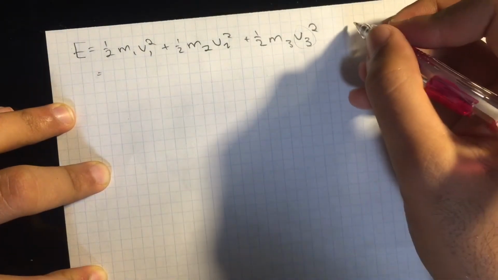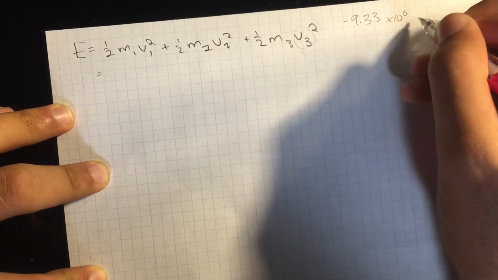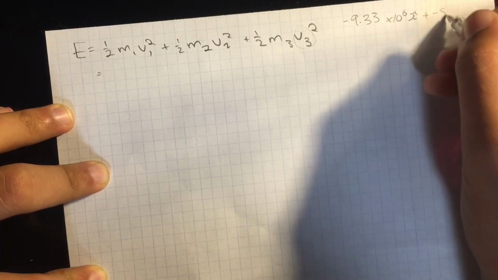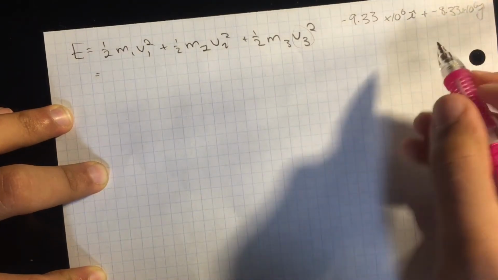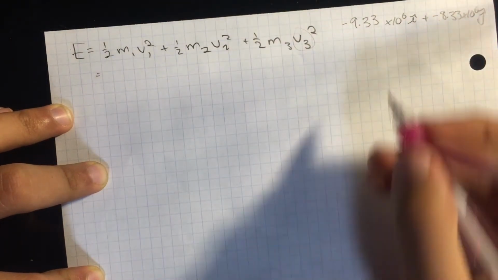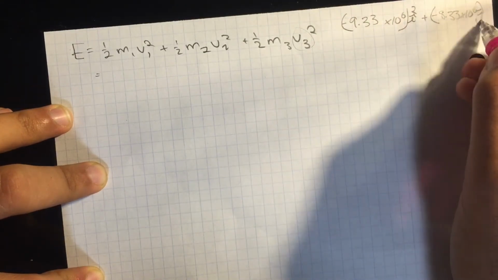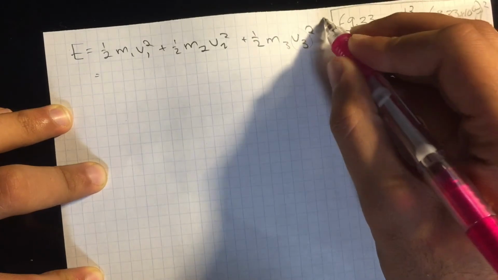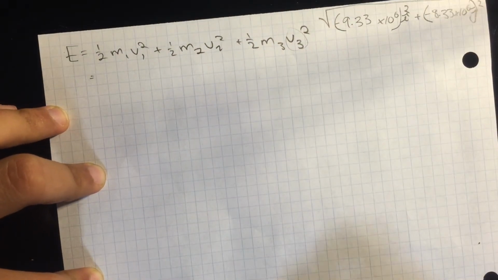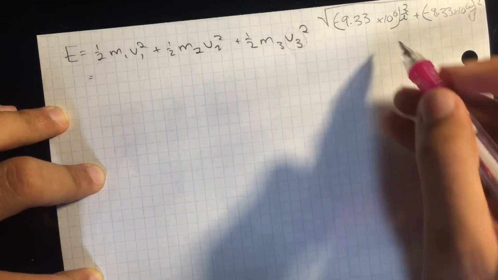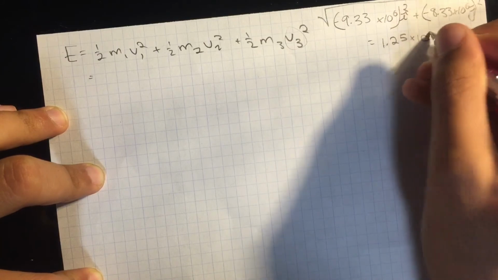If you remember, it's negative 9.33 times 10 to the 6th i hat plus negative 8.33 times 10 to the 6th j hat. So you would square this component, square this component, and square root it, and that gives you the magnitude of the velocity, which equals 1.25 times 10 to the 7th.